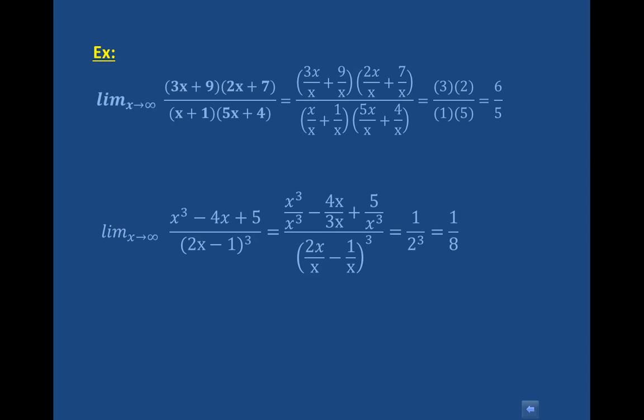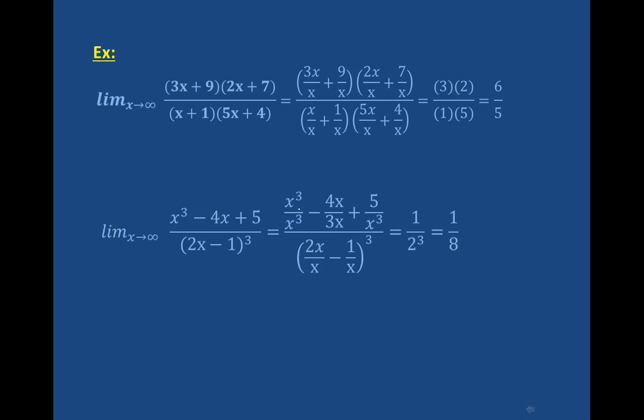I'll divide both expressions. The numerator will be divided by x power 3, and only the bracket 2x minus 1 will be divided by the x which has the greatest power in this bracket, which is x.